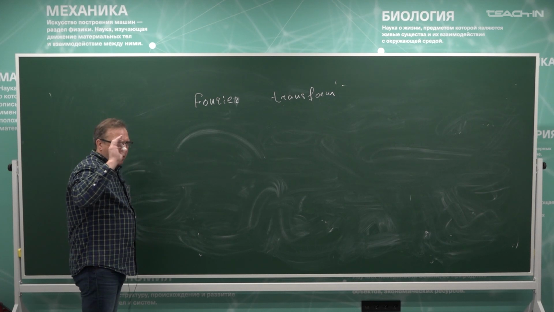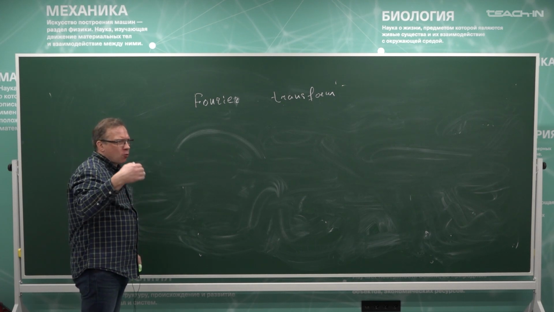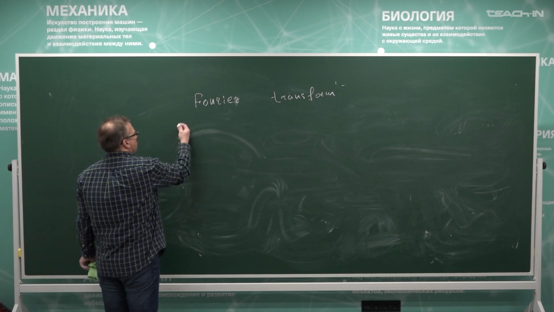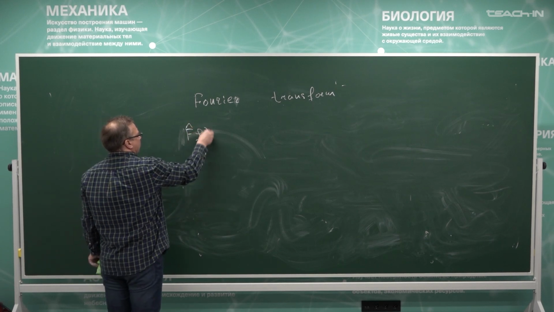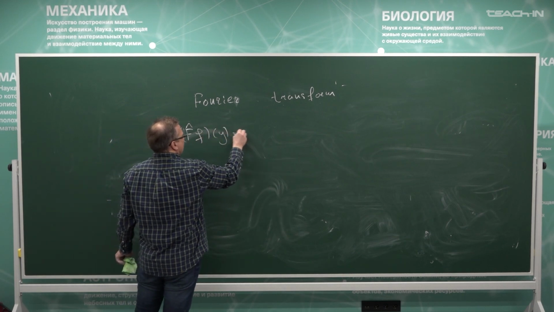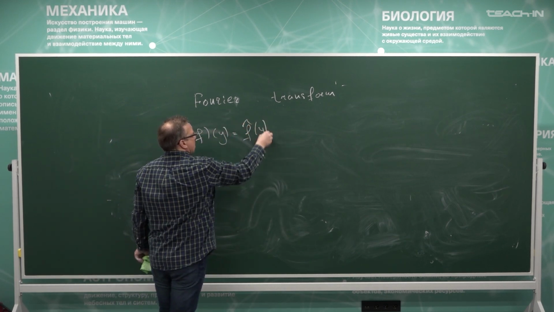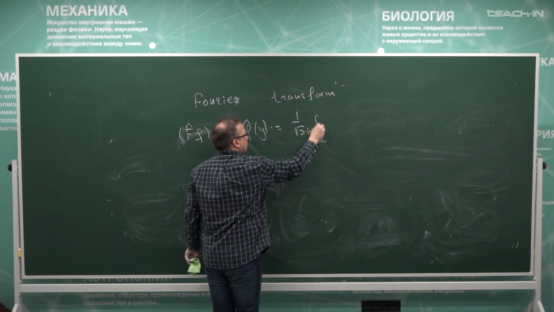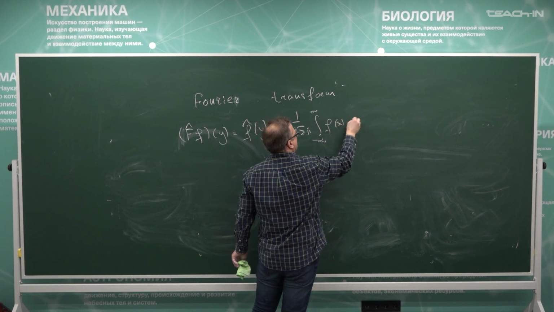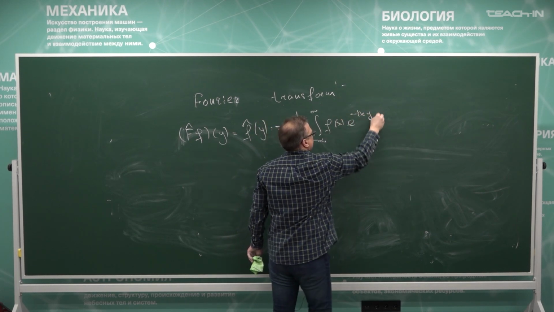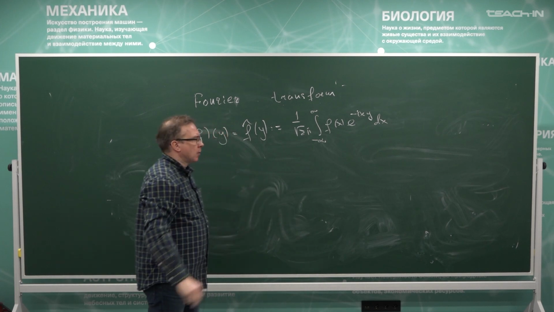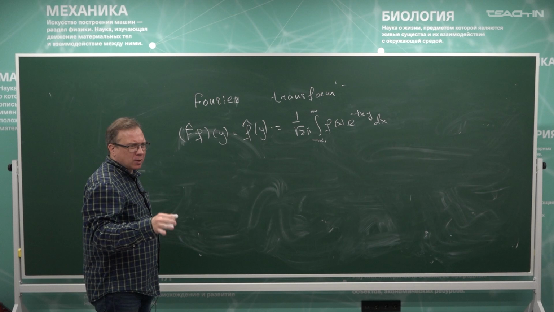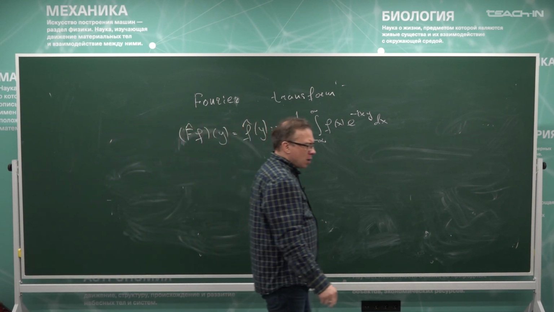I will just write the formula and then we discuss for what class of functions it exists. With a new variable y, I define this as follows, where dx is the classic Lebesgue measure.